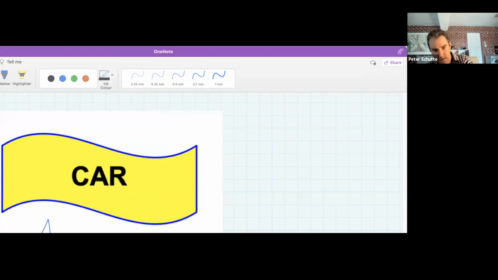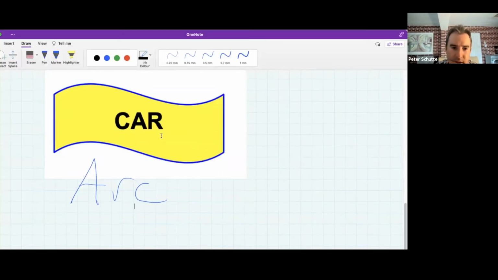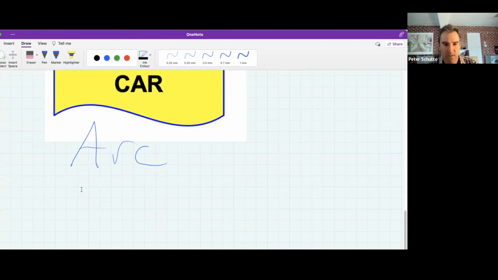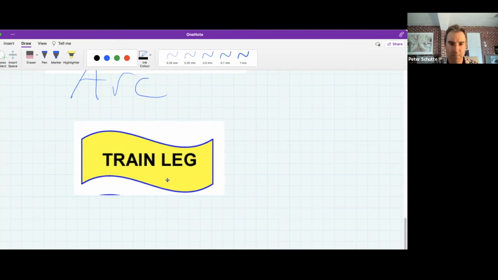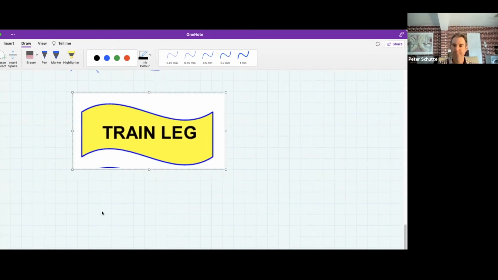Can you guys work out this? Can you work out this one? And then we'll go back to class. But what is the mathematical word you make from that one?